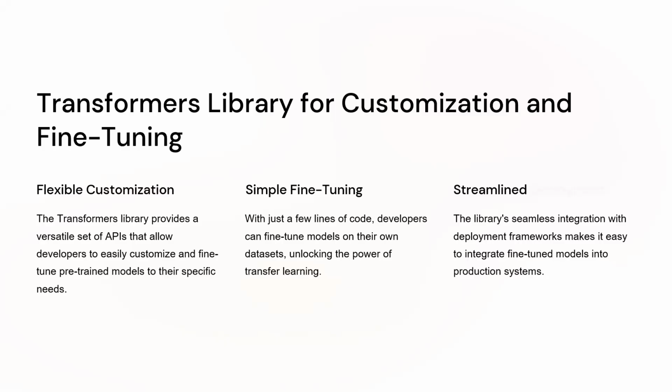Under streamlining, the library's seamless integration with deployment frameworks makes it easy to integrate fine-tuned models into production systems. It means after fine-tuning, models need to be put into use, such as in mobile apps. The library should make it easy to integrate these models into our existing systems, ensuring that our work runs smoothly in real-world scenarios.